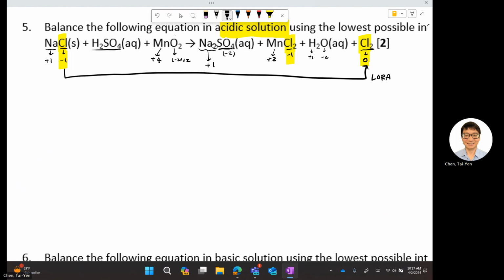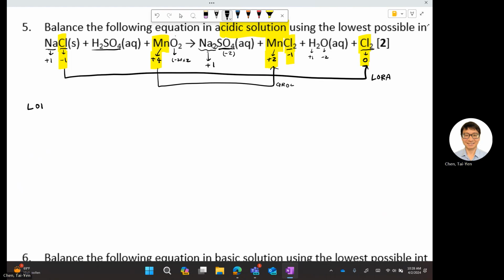Then we look for another atom that undergoes the GER. If you check your manganese, you start from +4 and end up with +2. Therefore you're gaining 2 electrons, so this is your GER. Once you identify your LEO and your GER, you write out those species.